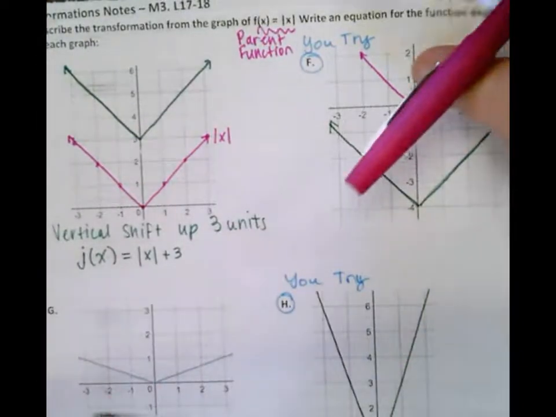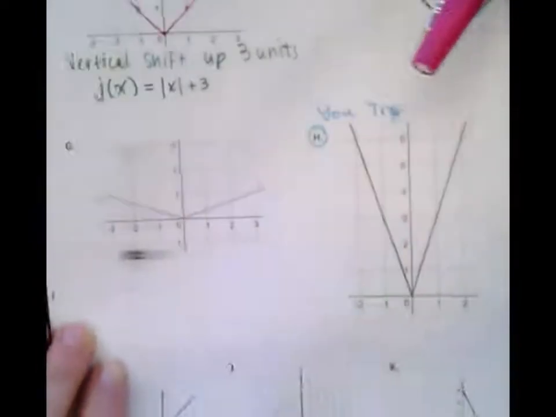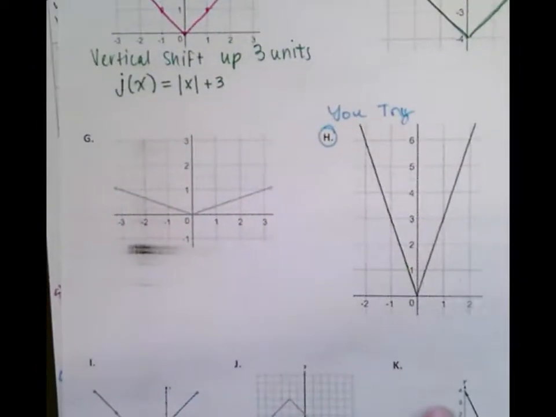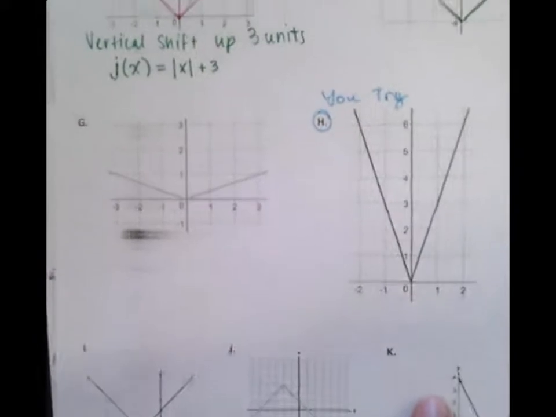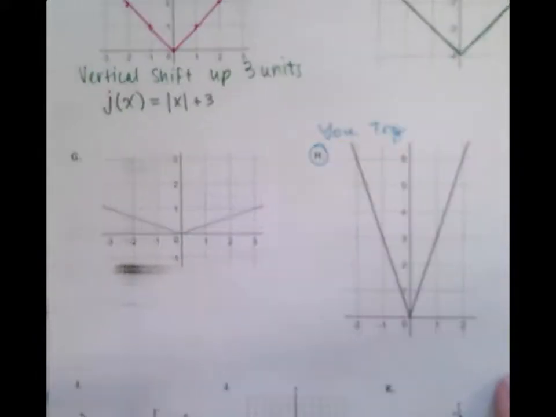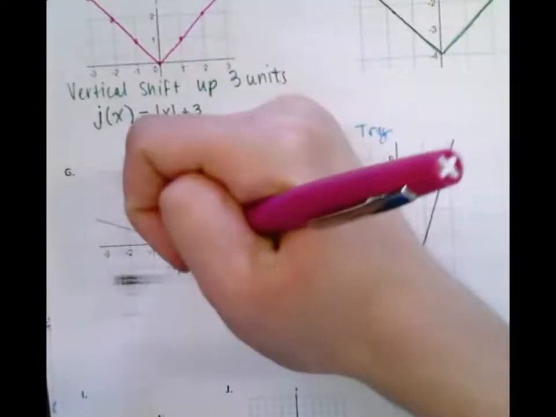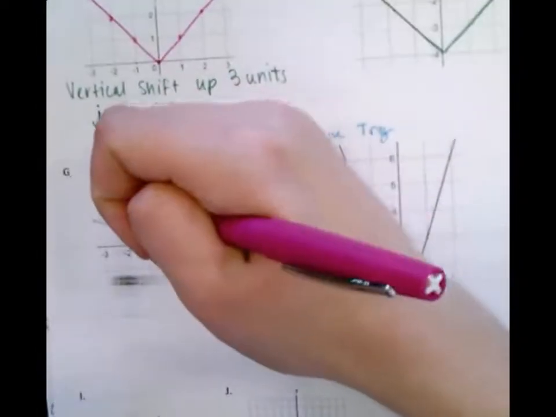Okay, I'm going to do one more example, G, and then I'm going to let you guys do H, and we're going to save these 3 on the bottom for class tomorrow, okay? So in G, again, it might be helpful to sketch in the original graph of absolute value of x.